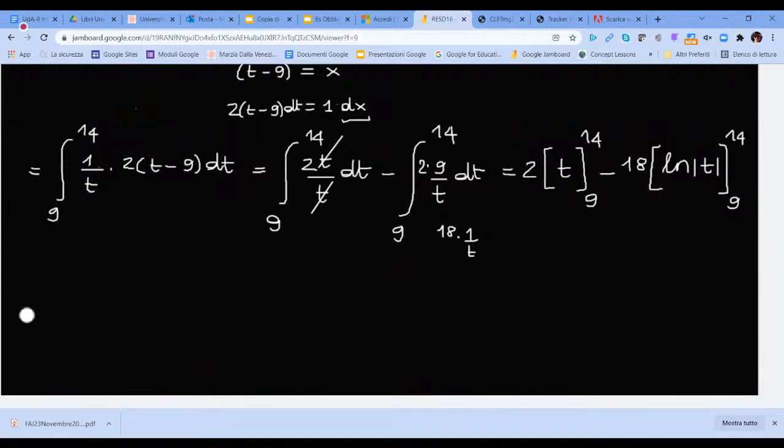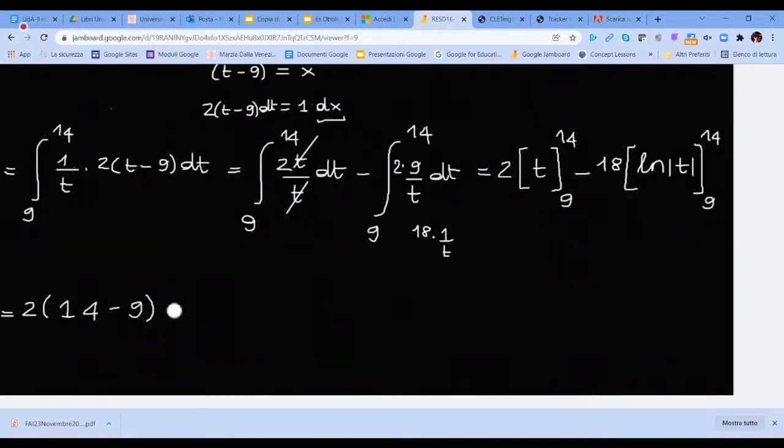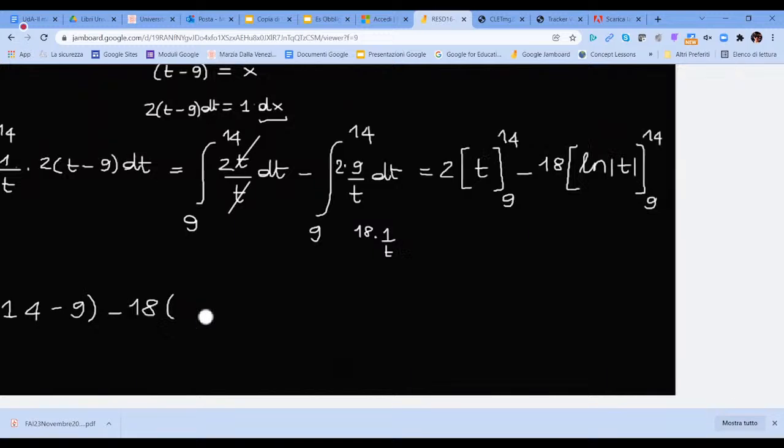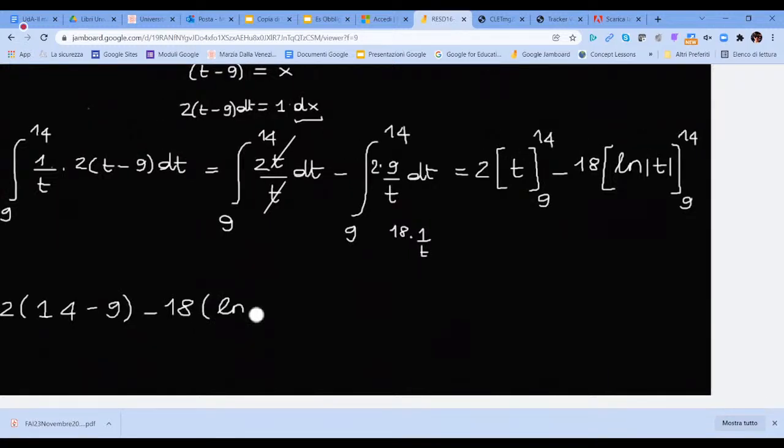Okay, so then we have 2 times 14 minus 9, because we can substitute the values directly instead of t, minus 18 times logarithm of 14 minus logarithm of 9.